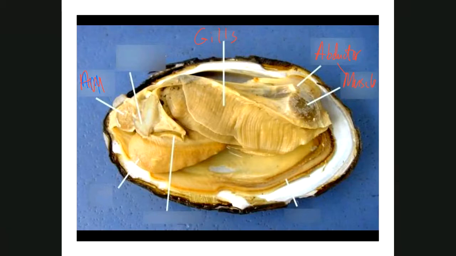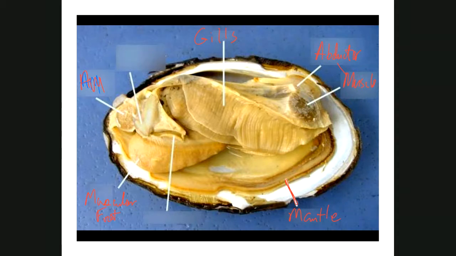And here's your muscular foot. And this line is pointing at the mantle. So that's it, really. There are some siphons on this end, but we can't see them from here.